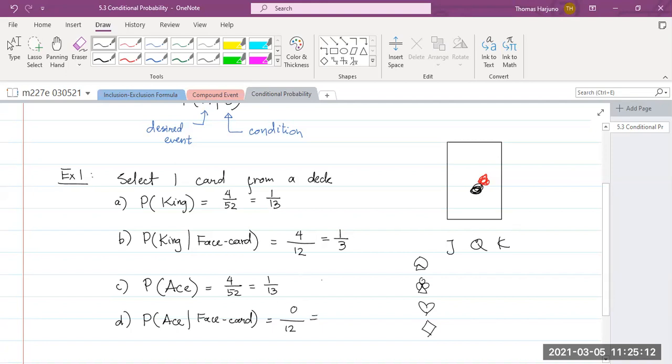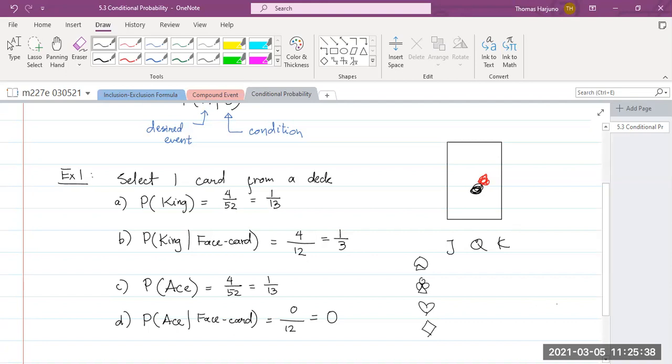Zero. None of them are aces. So when you play blackjack and you are expecting an ace, but you happen to see, oh, that's multicolors, too many colors in that card, then it won't be an ace. It must be a face card, like that.